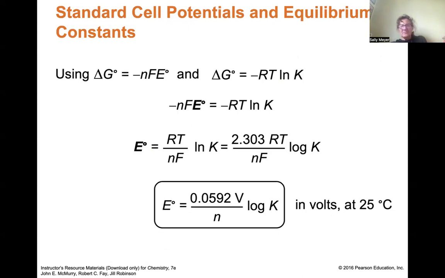Standard cell potentials and equilibrium constants. Just like we know the standard Gibbs free energy change is related to K by the right-hand equation on the top line, we also know, because delta G is related to an E0, that it must also be related to K. So if we set those two equal, you can derive an expression in the middle, which is E0 equals RT over nF ln of K. You can replace ln with log and get the 2.303, and replace R with its value and T with 298.